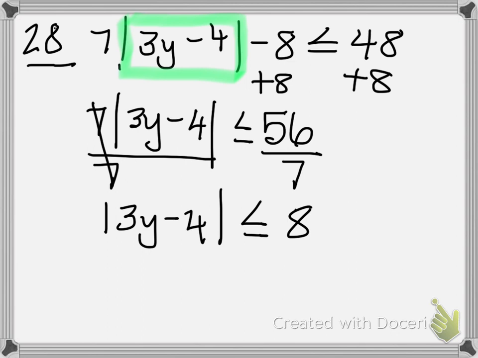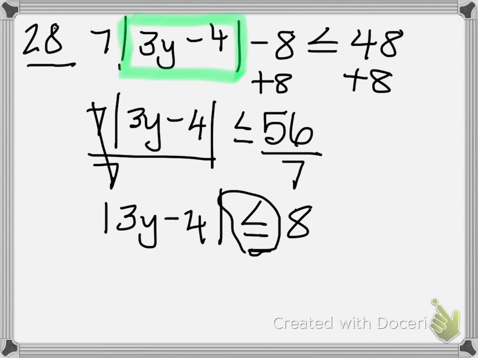But we do this sort of the same way. We're going to have 8 and negative 8, but it's not going to be equals. We have to pay very close attention to this little inequality. This requires a little bit of advanced discussion.